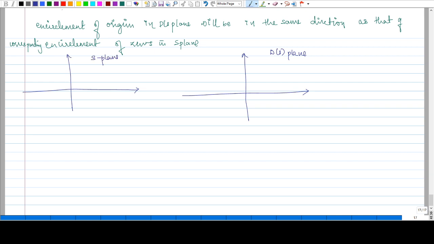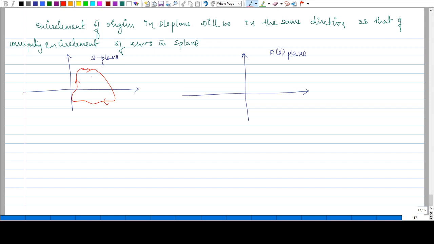Now you take a closed contour in the S plane. So the closed contour is in the S plane. I'll take it as this. And this is having two poles. Now within this S plane, the direction is in the clockwise direction.